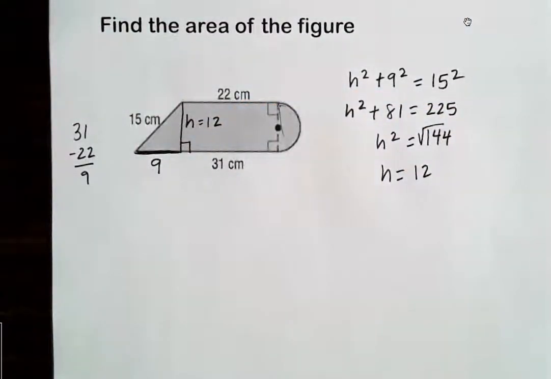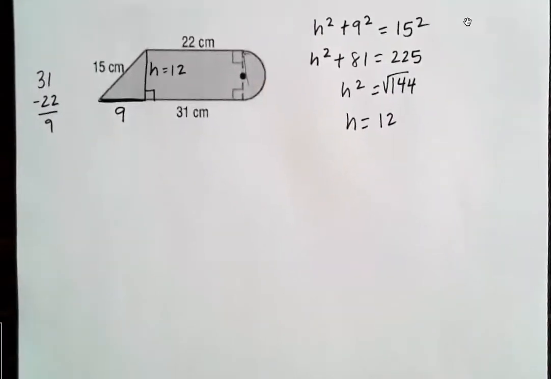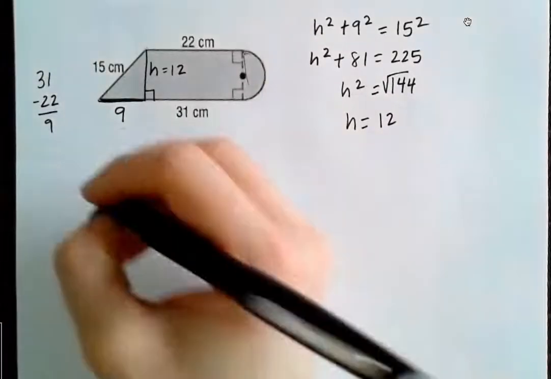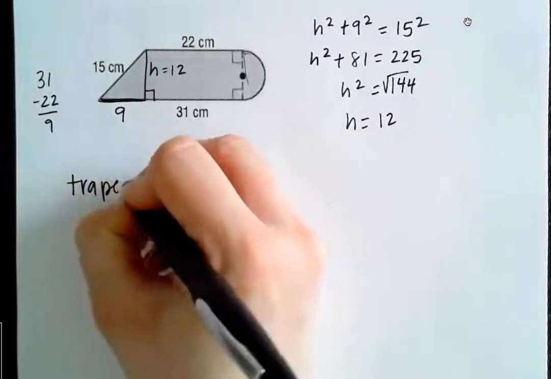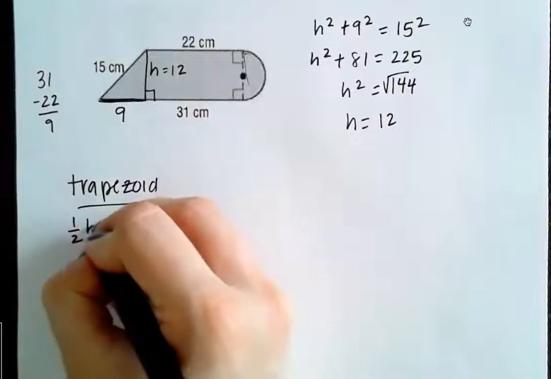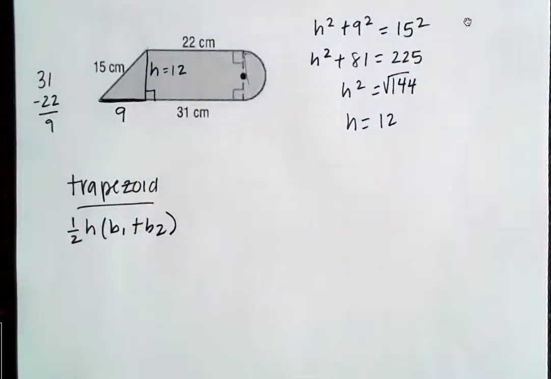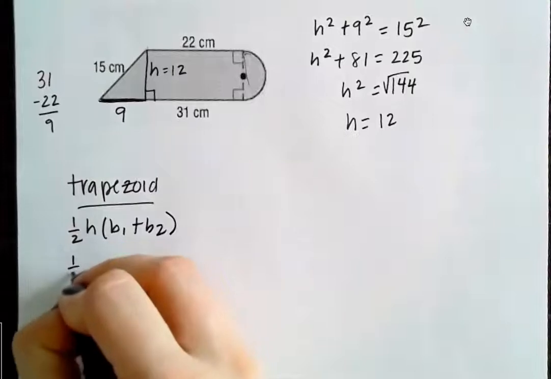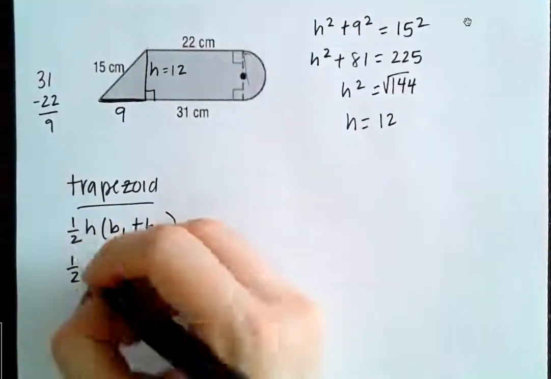And now we are in business to figure out the area of this whole guy, okay? I'm going to shimmy this up just a tish. So I'm going to start with my trapezoid. So half height, bases added together. Okay, half, we just found our height to be 12.